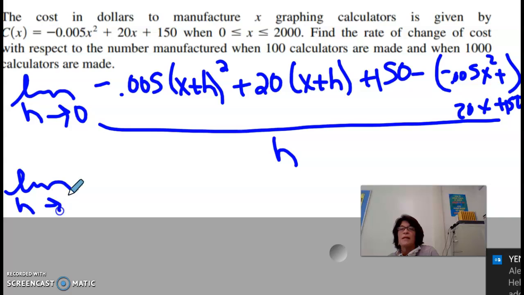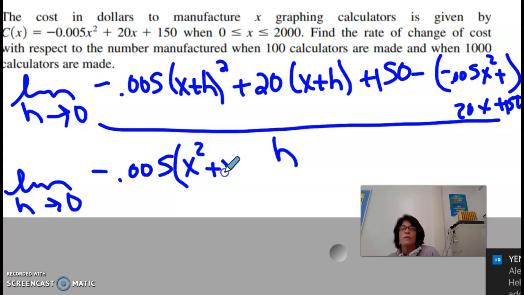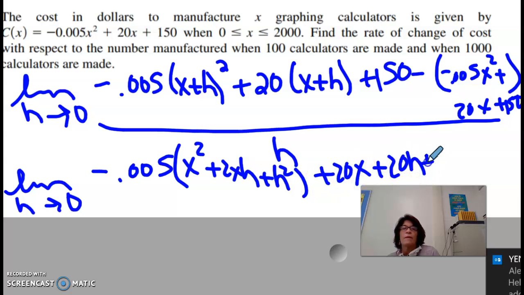So I have the limit as h approaches 0 of negative 0.005. I'll take x plus h and square it, distribute my 20 through, distribute my negative through, so I have minus 20x minus 150.